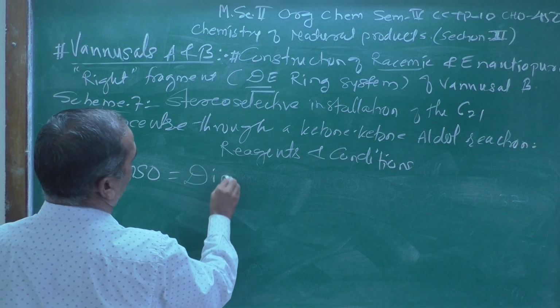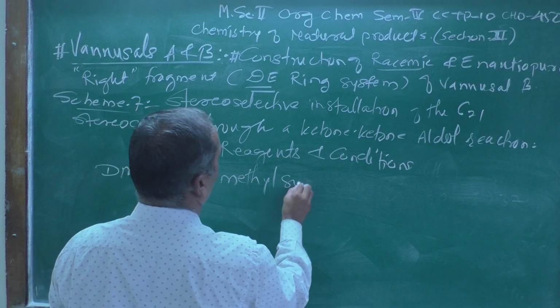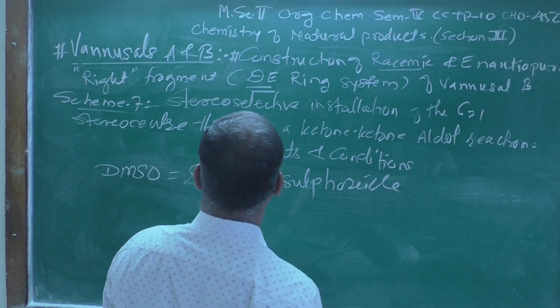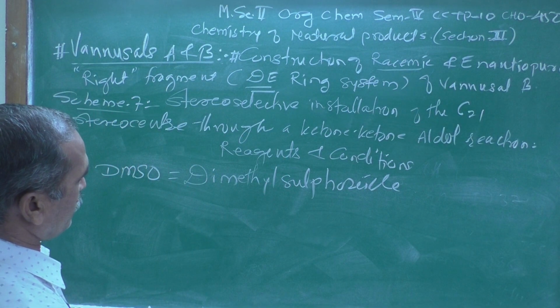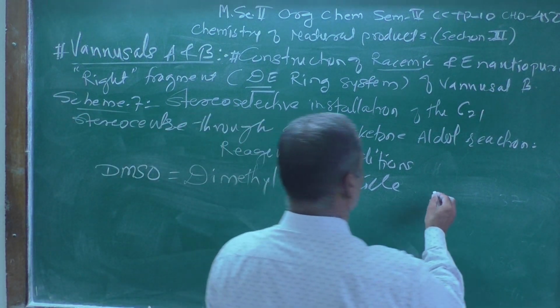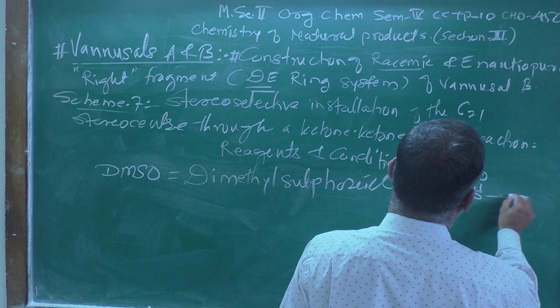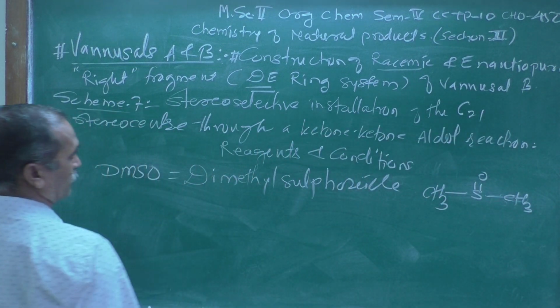This is dimethyl sulfoxide, and the structure of it is this one, CH3, S double bond O, CH3. This is the structure of dimethyl sulfoxide.